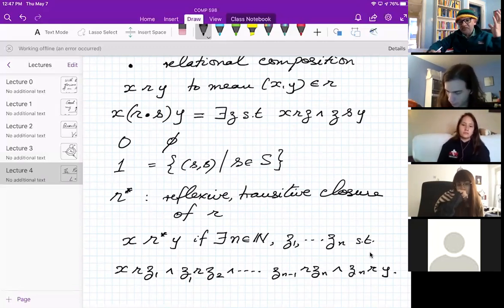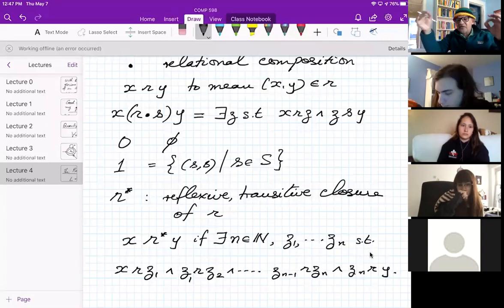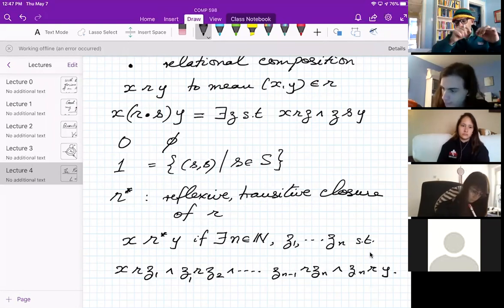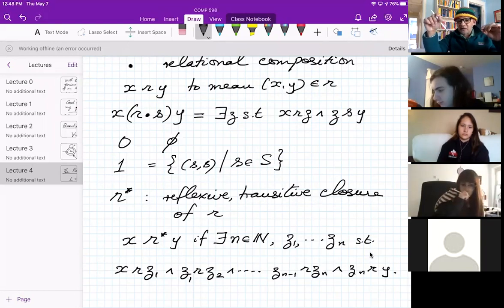So whatever R you start with, R star is guaranteed to be transitive because you explicitly constructed it to be like that. If you're thinking in terms of graphs, graphs are a nice way of picturing relations because you can take the elements of the set to be the nodes and you draw an edge from X to Y precisely if X is related to Y. So this is always a directed graph.